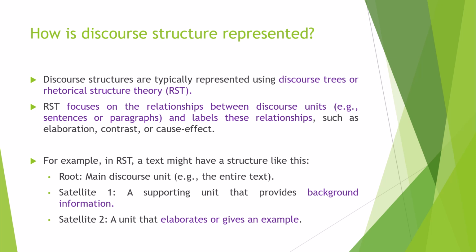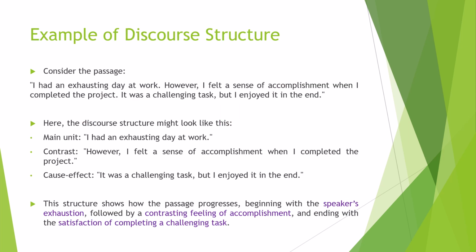So in this tree structure, we have a root that contains the main discourse unit representing the entire text, and then in the subpart of the tree structure we use a supporting unit to provide background information, and another supporting unit to provide an example for it.